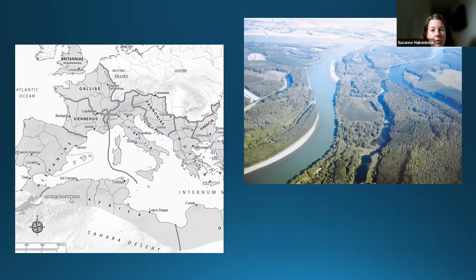And I attempted to draw out how relationships between people could be shaped by the possibility of the connections afforded by the river. And so here again, you see the contrasting images of the very static line on the map, and then the reality of an environment that was very complicated. So I'll stop here. Thank you.